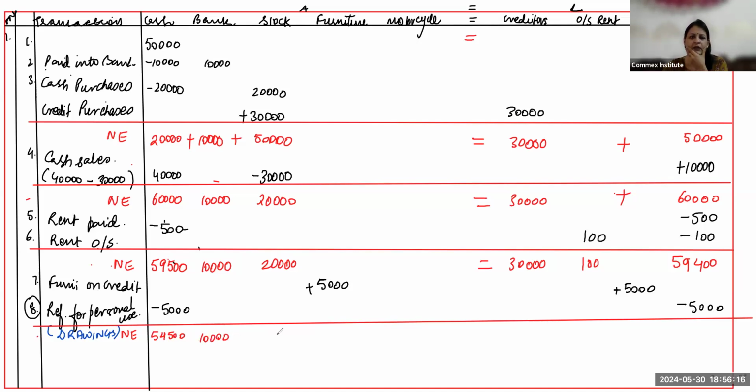Bank balance is still 10,000. Stock is still 20,000. And furniture, which I had purchased for the business purpose, 5,000. Creditors are still 30,000. Outstanding rent is 100. My creditor for furniture is 5,000. And my capital after this withdrawal, refrigerator for personal use, has gone down.